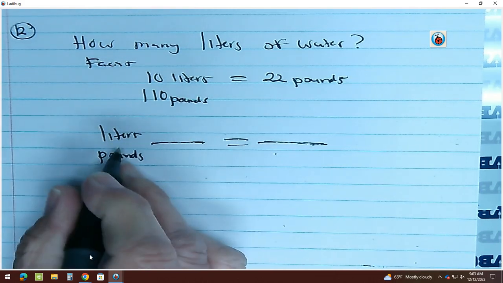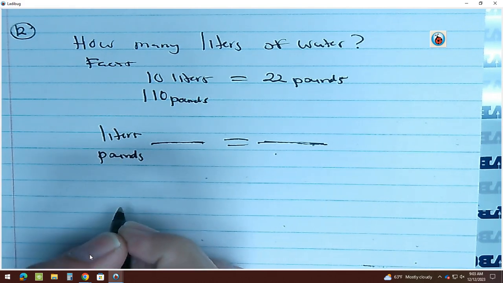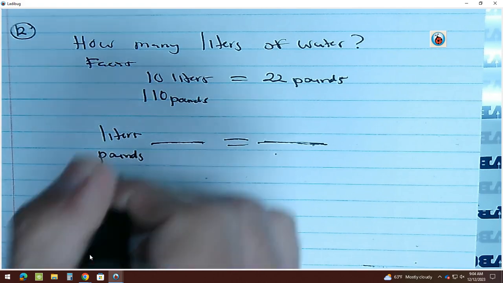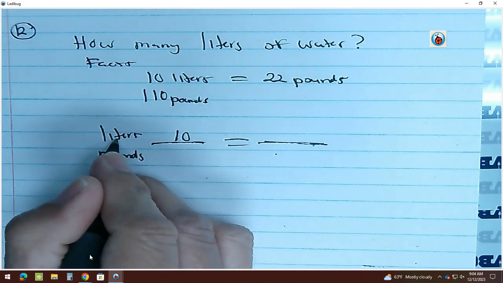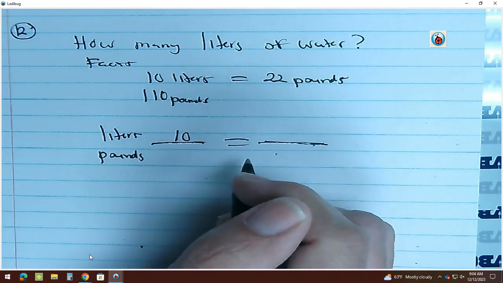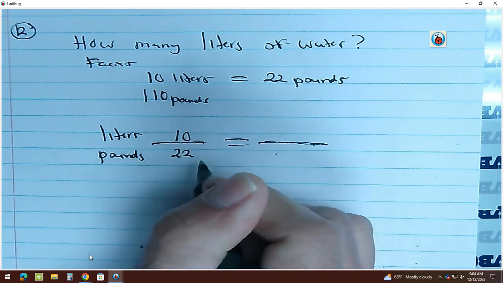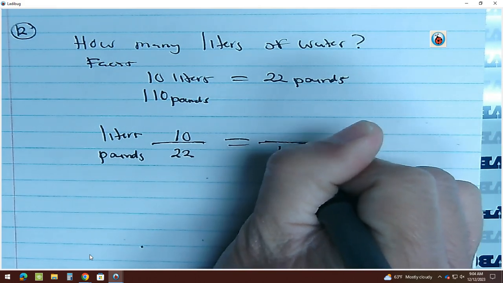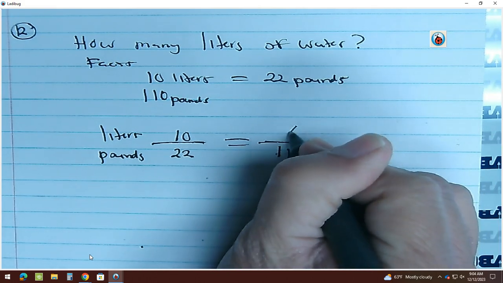The ratio is liters to pounds. Where do I put the 10, top or bottom? Because the word liters is on top, I put it on top. Where do I put the 22 pounds? Bottom. 110, top or bottom? Bottom. And this one gets the x.